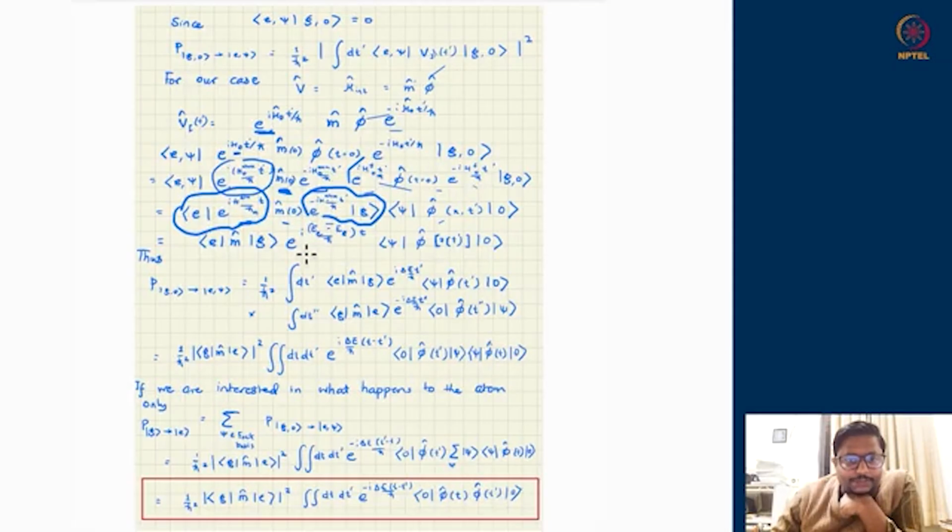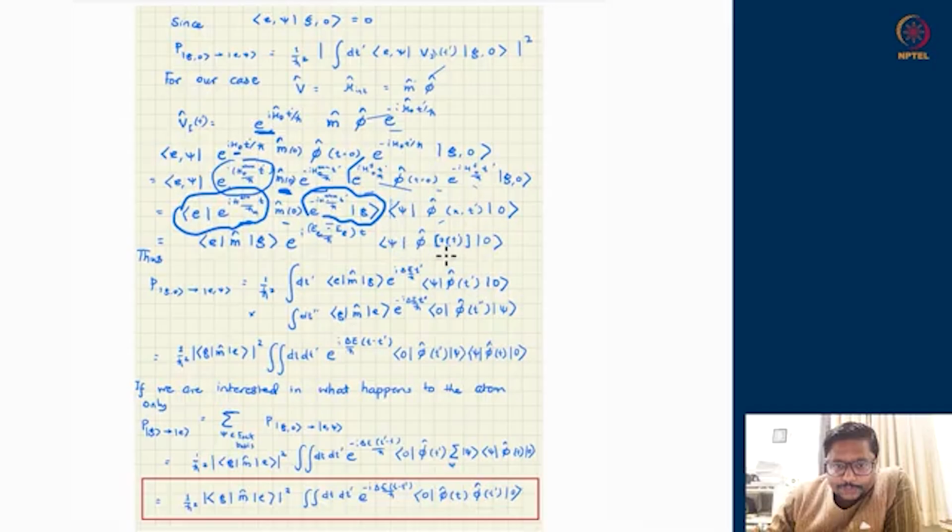So I will have a pure phase e to the power i times the excited state energy coming from the left minus ground state energy coming from the right, divided by h bar, times t, and the operator M, which is here, will now get squeezed between E and G. So these exponential operators convert into pure complex numbers, and the states go through them and hit the M. So you see the whole first half of this term is just this exponential of the energy gap divided by h bar times t, and the monopole operator's matrix element, or transition element, as it is sometimes called.